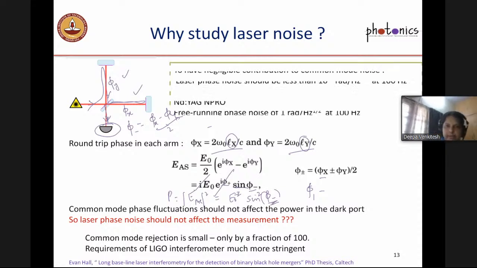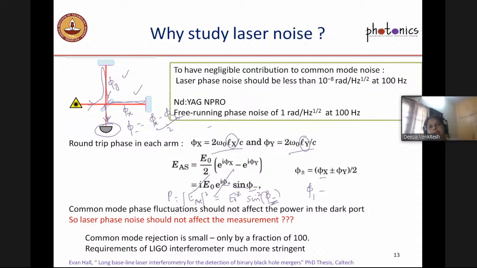So to give you an idea, in order to have a negligible contribution from common mode noise, the laser phase noise should be this. I'll tell you how this unit comes about, but for now just take this number, 10 power minus 8 radian per square root hertz at 100 hertz.